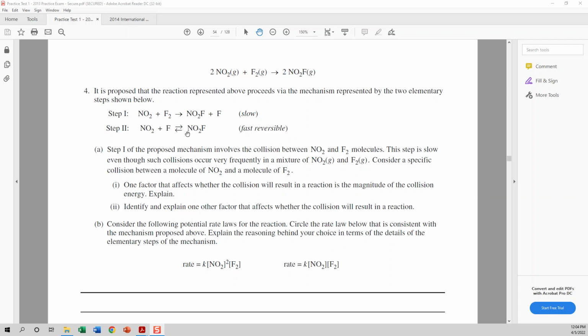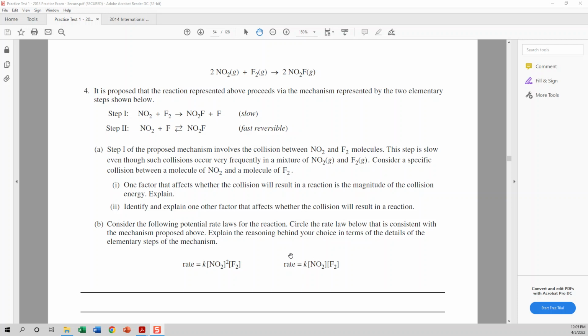And so what I want us to read in this question is, I want to go down here, and based on this mechanism, which would be the correct rate law? So because this was the rate determining step, remember we only look at that step and anything before it, but since there's nothing before it, we'll only look at this step. And fluorine shows up once, so fluorine, F2, is a first order reactant, and NO2 shows up once, and so that is first order.